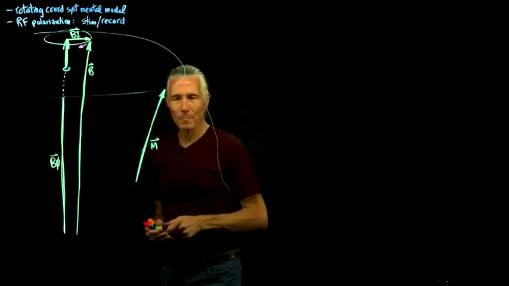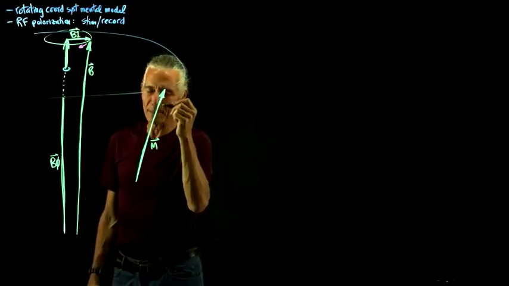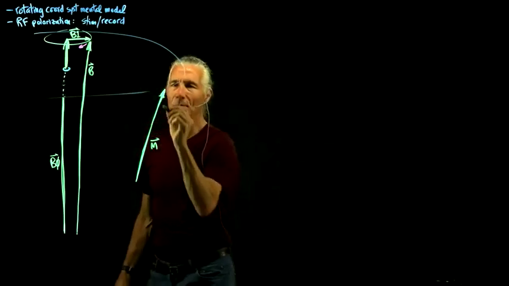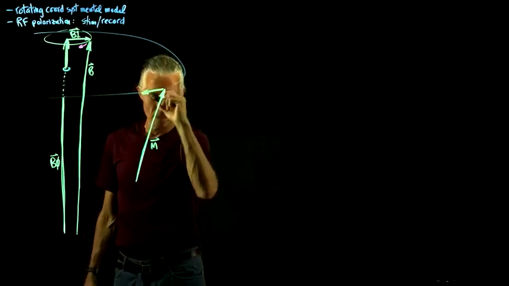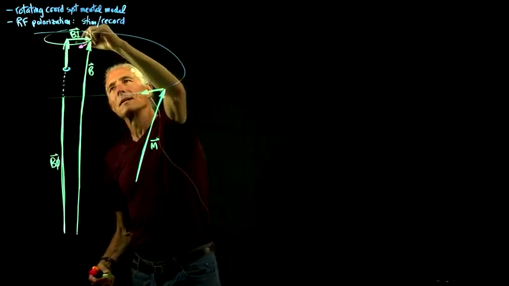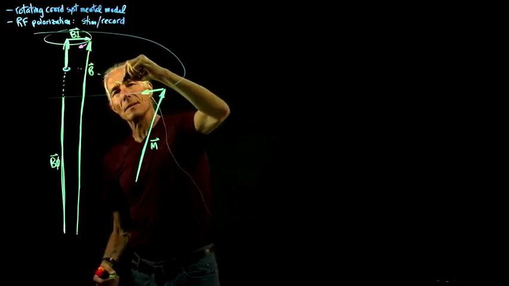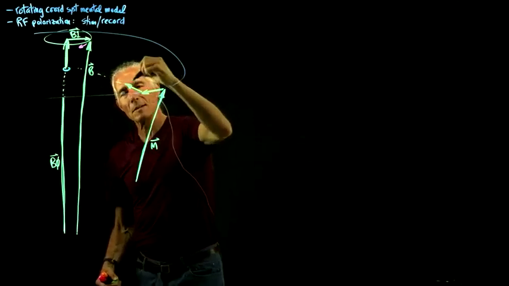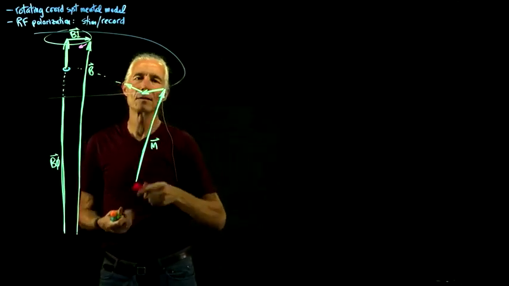And then we broke that up into three different parts. We broke up the update of that into three different parts. So the first part was this precession part, and then there was a T2 decay part that was perpendicular.